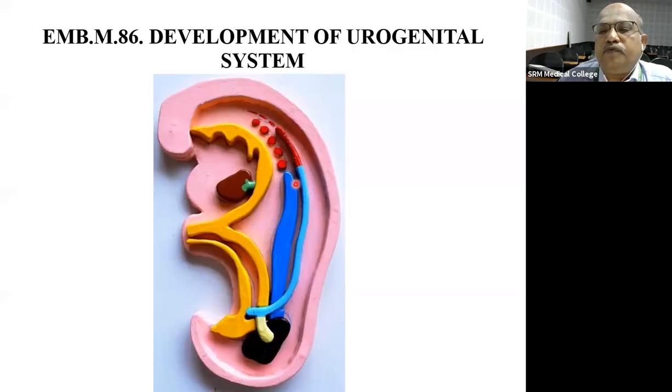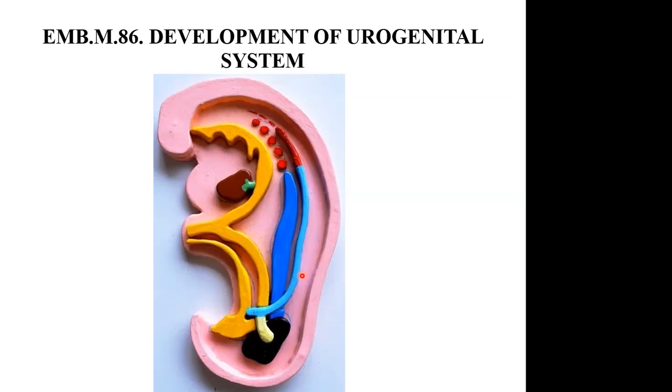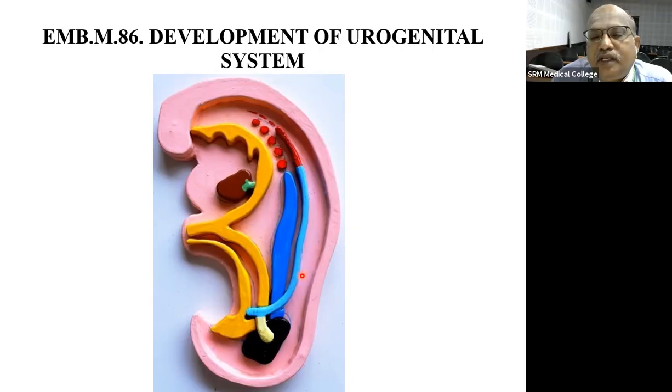That's why we have the formation of the duct system. Where does the mesonephric duct open? Where do you expect that opening? Yes, finally, you see it is coming down here.